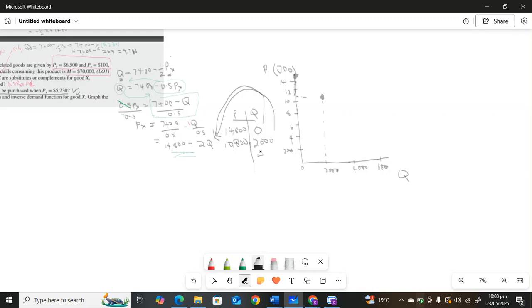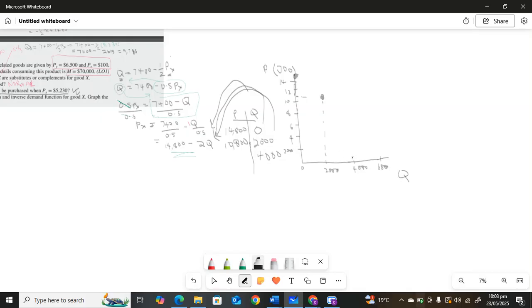Then you go to the next one. When Q equals 4,000, substitute Q with 4,000. 2 times 4,000 is 8,000. 14,800 minus 8,000 is 6,800.